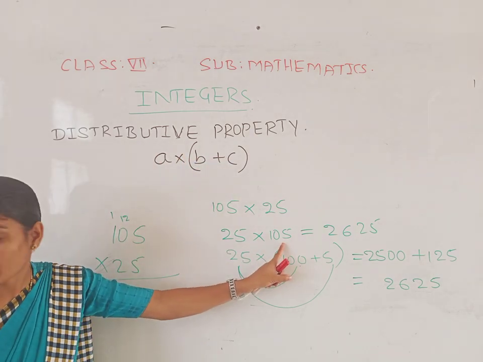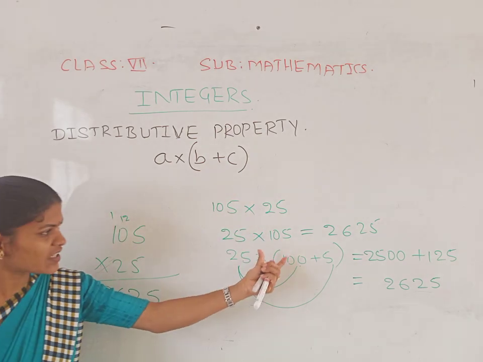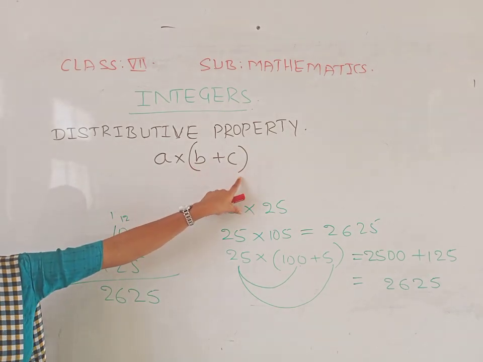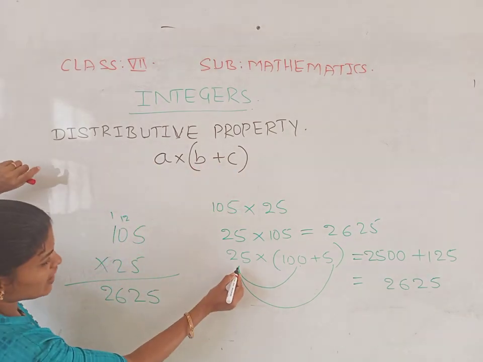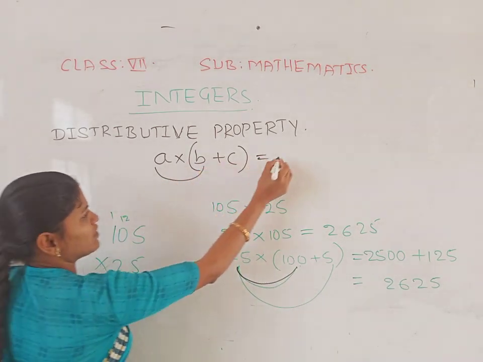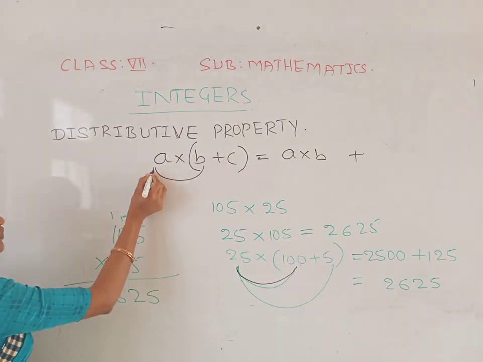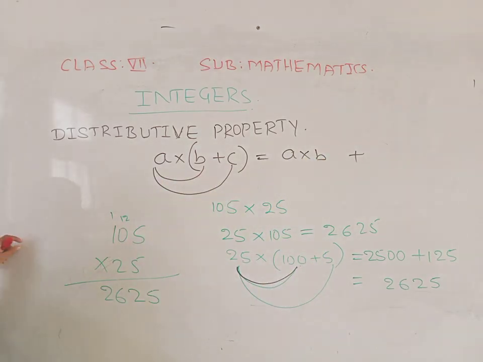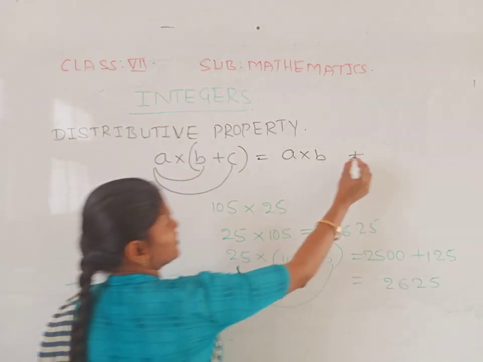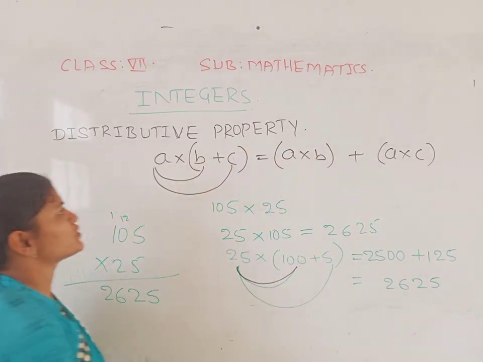A into S, I can split this S as B plus C. The second number or first number, whatever you want, you have to split it. 25 into 100 means A into B, plus 25 into 5 means A into C. Clear? So it is A into B plus A into C.